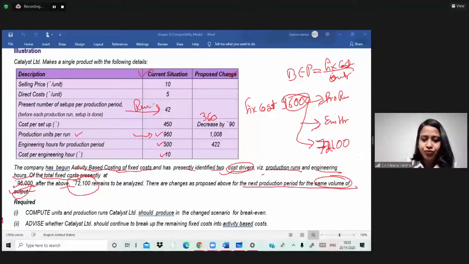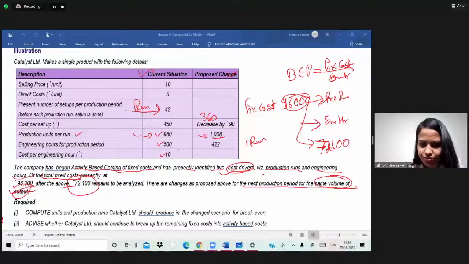Now, in case of the proposed system, how many total units are we producing in one production run? First, let us find the number of units which we are producing in one run.